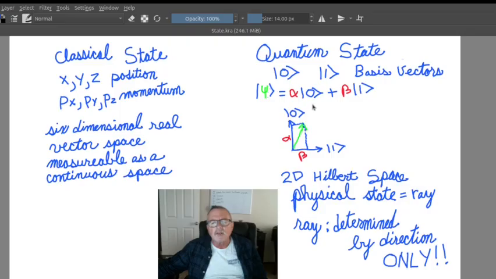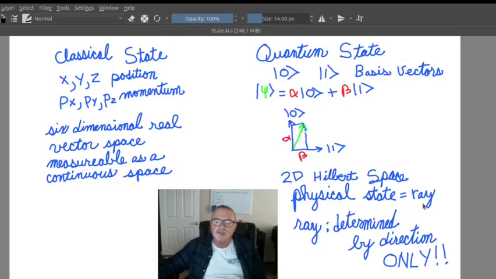So if I make this arrow longer, it's still the same ray. As long as it's pointing in a particular direction, then that determines the ray. And that ray can be represented by any number of vectors, any length, as long as they're pointing in the same direction. So that's really important.